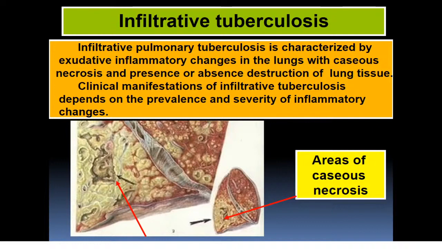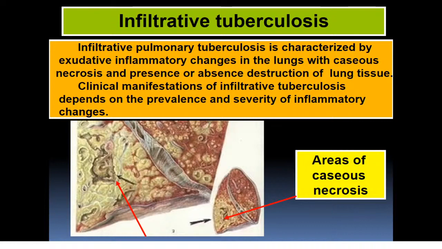Infiltrative pulmonary tuberculosis is characterized by exudative inflammatory changes in the lungs with caseous necrosis and presence or absence of destruction of lung tissue.